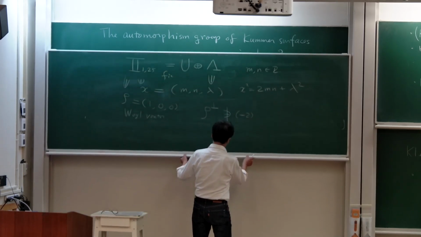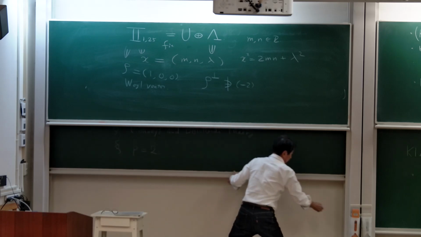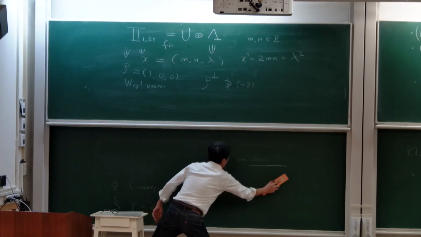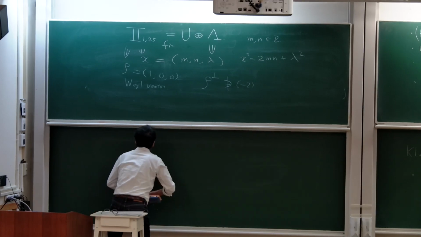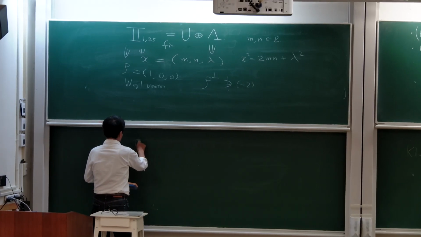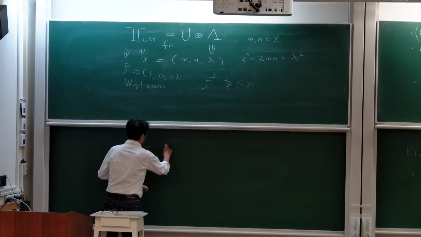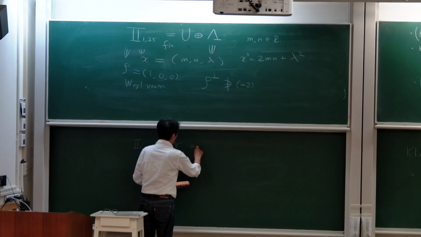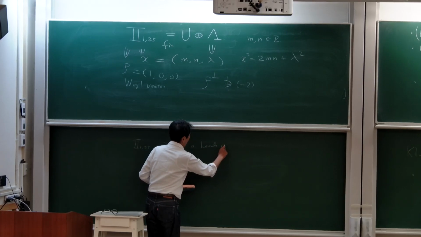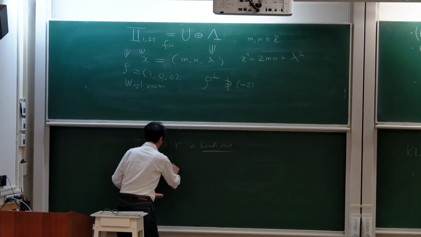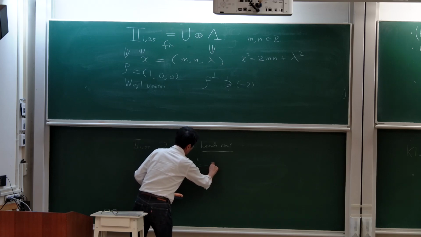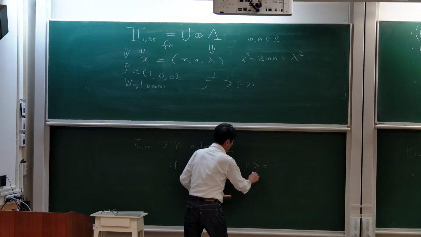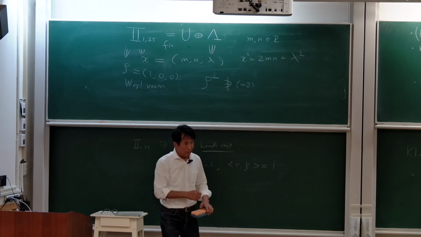One more definition. R is called a Leech root if R is a root, minus 2, and the intersection number with rho is 1, the smallest one.